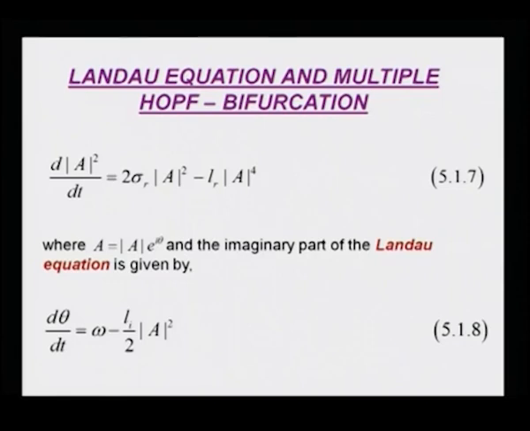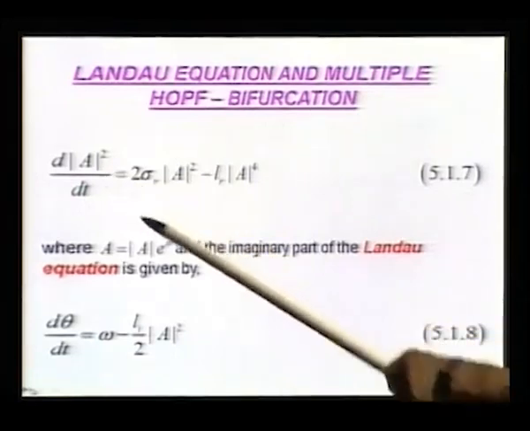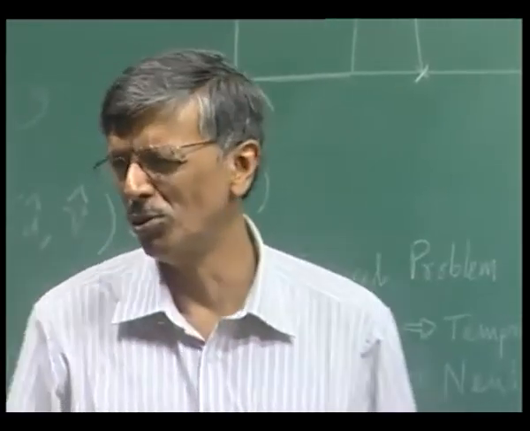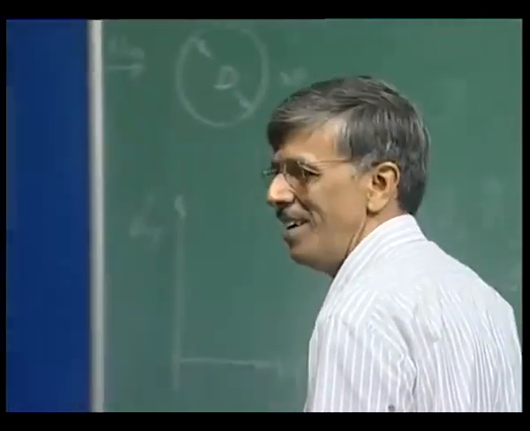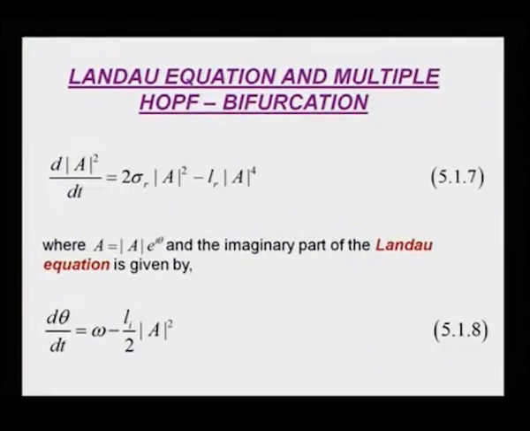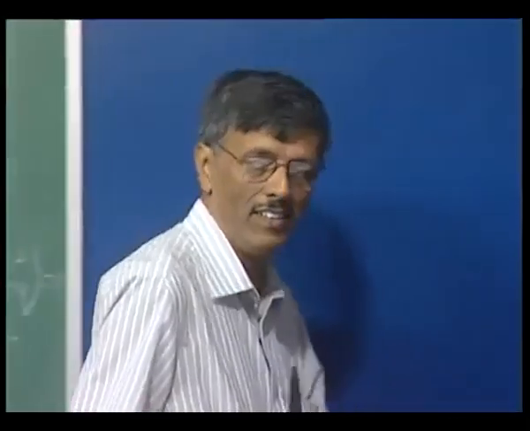But you can actually solve it. I will leave it as a short homework. It will take you a couple of minutes to solve it as a function of t. What you do, as I told you, is divide by a squared, and then it becomes very easy. You will be able to solve it, and you will see that |a| squared as a function of t would be a decaying function of time.